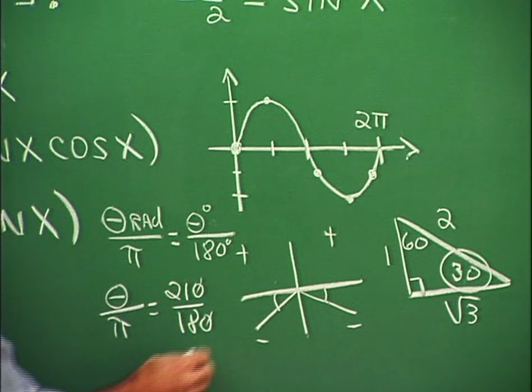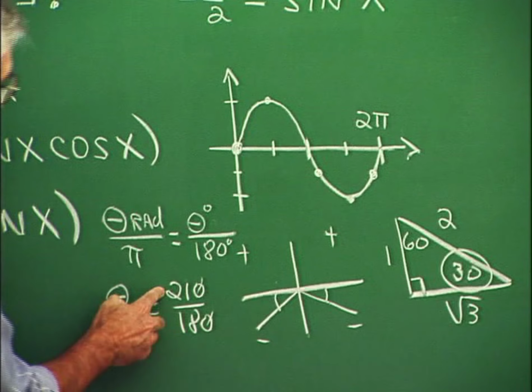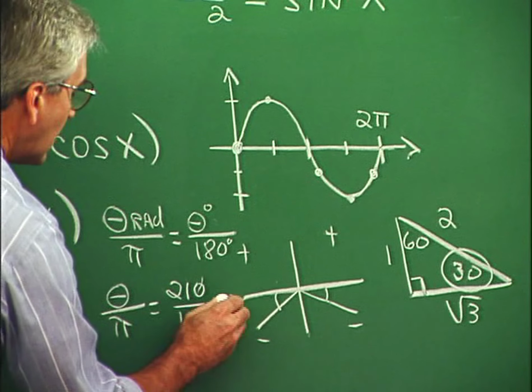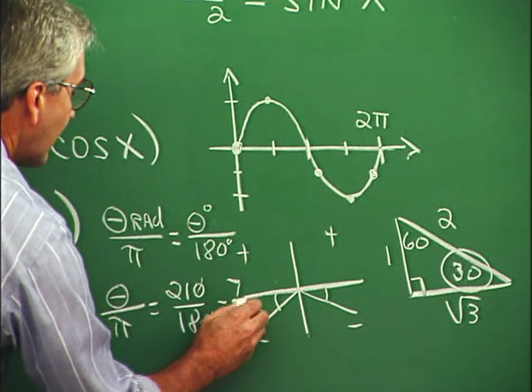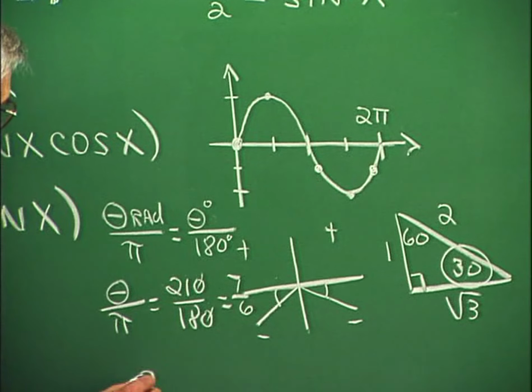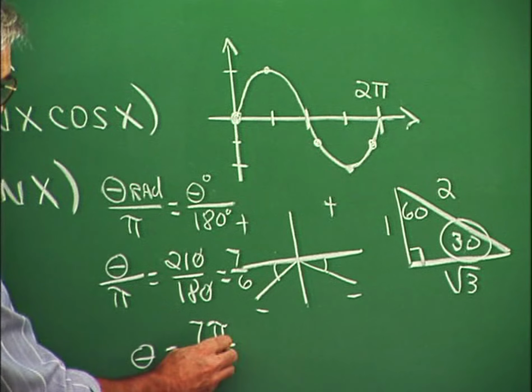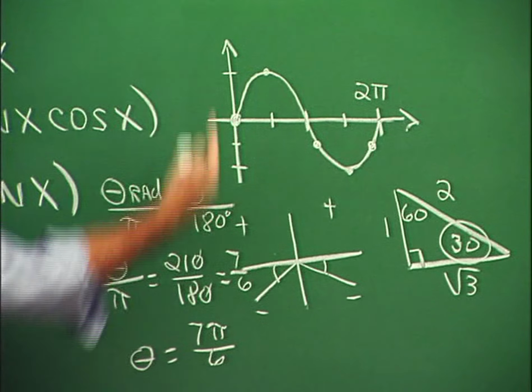Now the zeros go out, and we think of a cancellation opportunity here. 3 into 21, 7. 3 into 18 goes 6. So we have 7 over 6. Now I'll multiply on both sides by pi, so we find theta to be 7 pi over 6. That's one of the solutions.